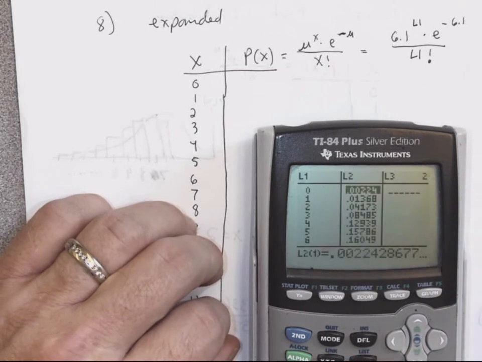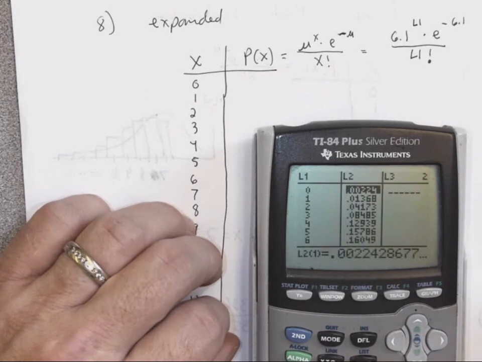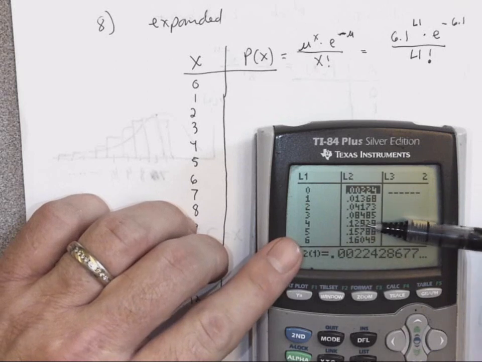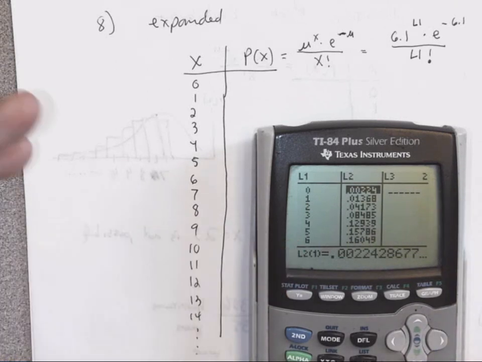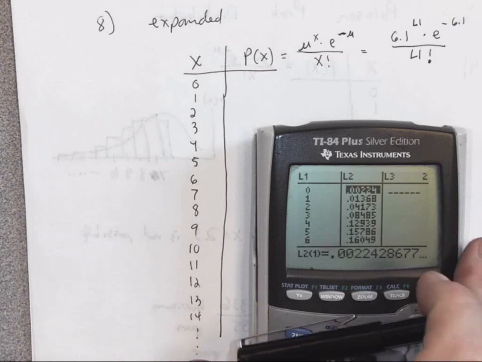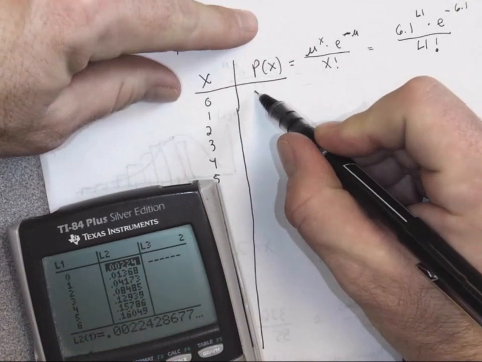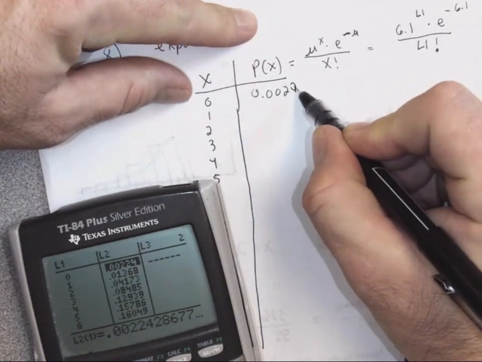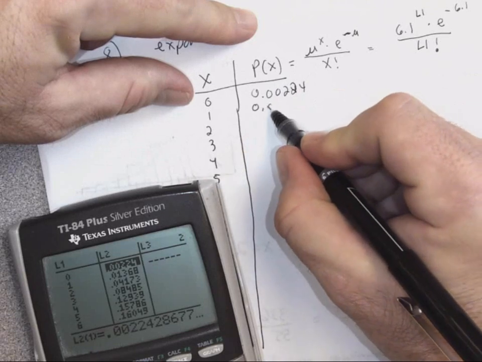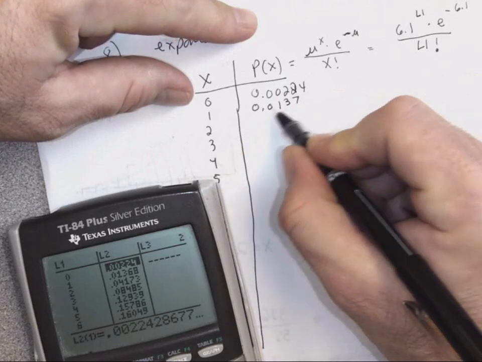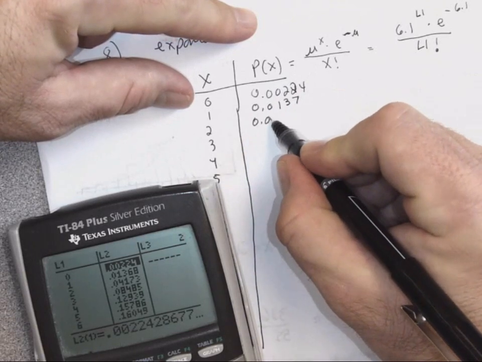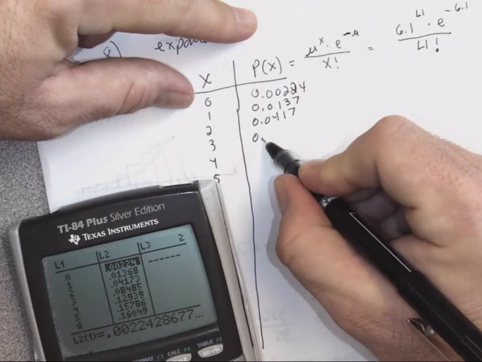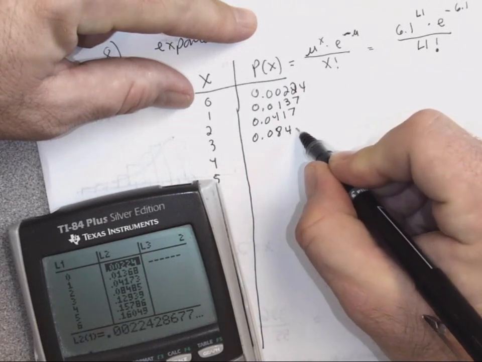And what it's going to do is generate all the probabilities for you. Now remember, we've already calculated P of 4, which is right here, 0.129. So we know that we did it right because we've already calculated that. So pop these numbers in and write them out. I got 0.002224. This is 0.0137. I'm going 3 sig figs. 0.0417. 0.0849.